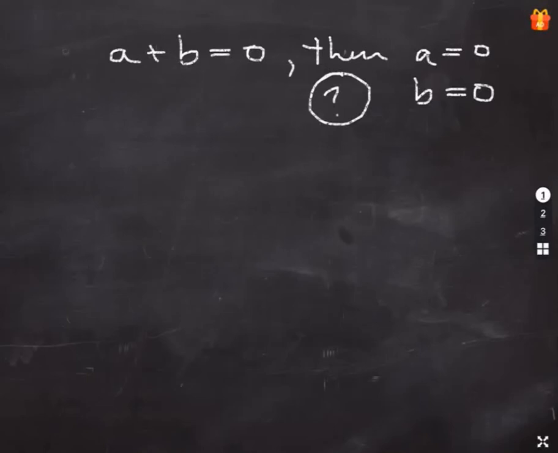A lemma that we can introduce now is that if you have a positive natural number a, then there is exactly one natural number b such that b incremented is a. And this you can prove yourself.